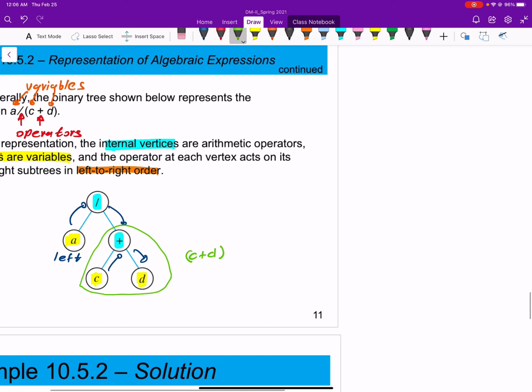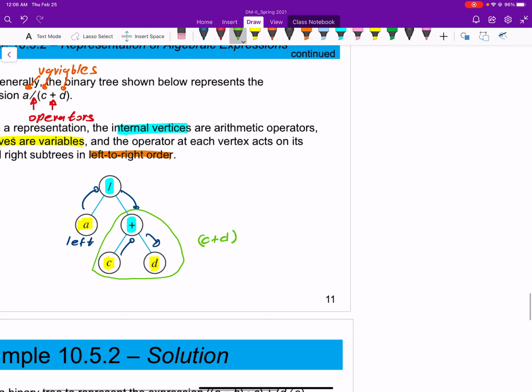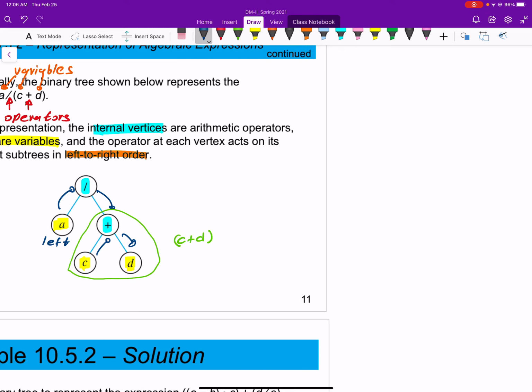Then you consider this along with c plus d. Let me rearrange that. And then this graph will become something like this: that operator, this operator, and then c plus d.